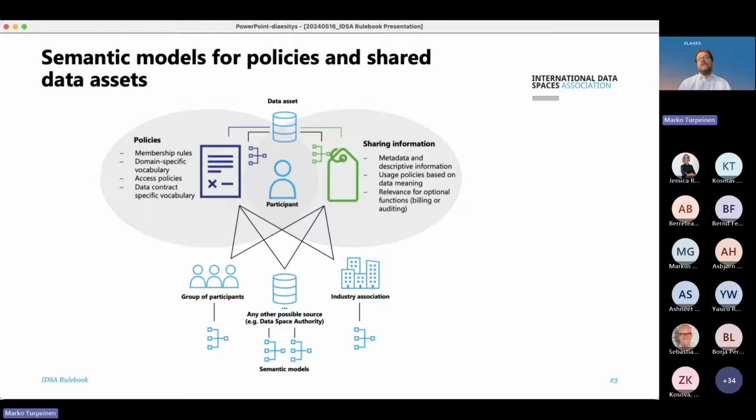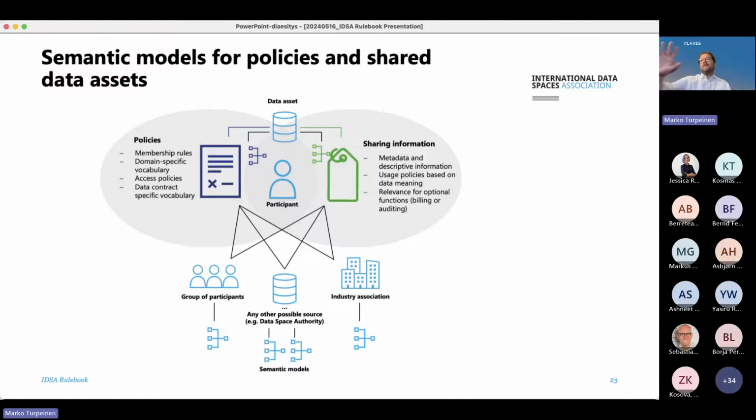As far as semantic interoperability, some of the things that we did touch upon in the rulebook work is how do you define these policies, the membership rules, domain-specific vocabularies, access policies, contracts, and the vocabularies that are used in the data contract.